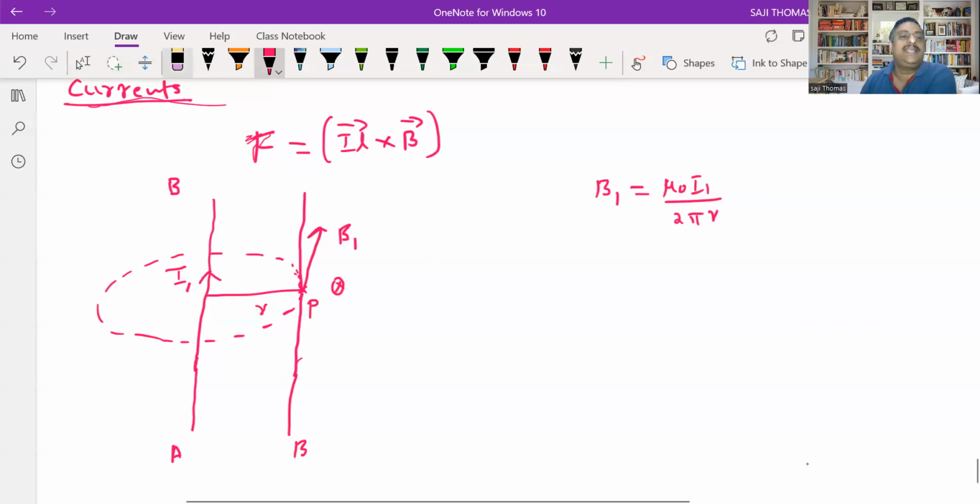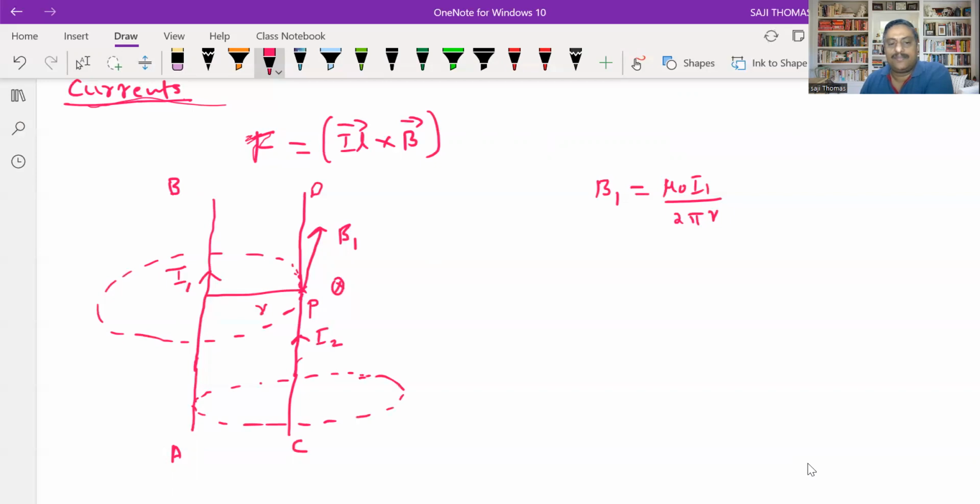And conductor CD carries a current I2. Say both currents are in the same direction. Current I2 upward only, along positive Y direction, J direction. And you know, this also has a magnetic field. That magnetic field line I am drawing, this one. For this magnetic field, here it will be into the plane of the paper.